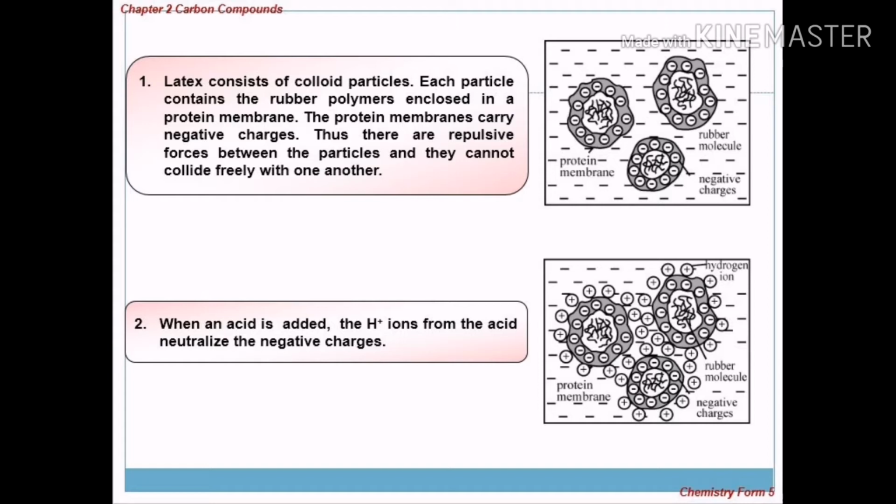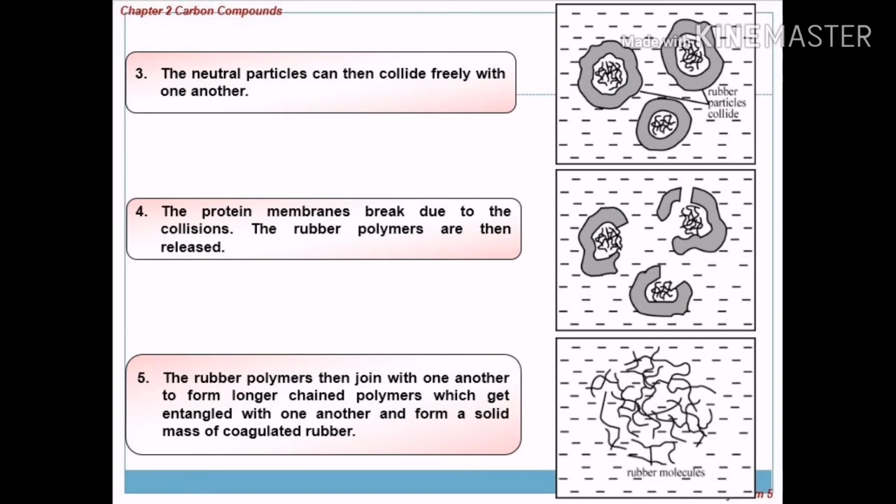When ethanoic acid is added, the hydrogen ions from the acid neutralize the negative charges. The neutral particles can then collide freely with one another.